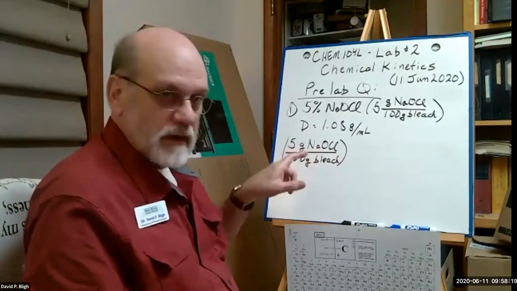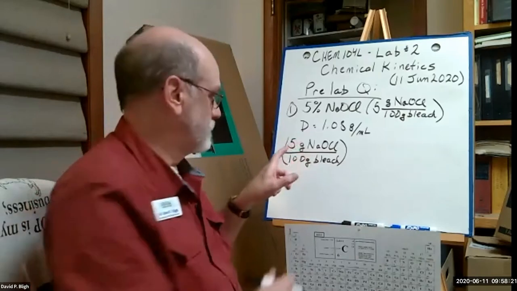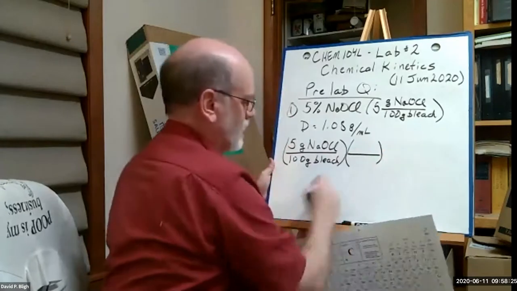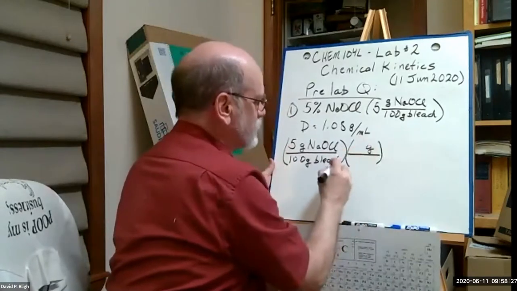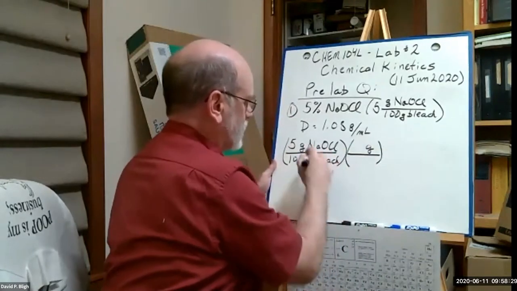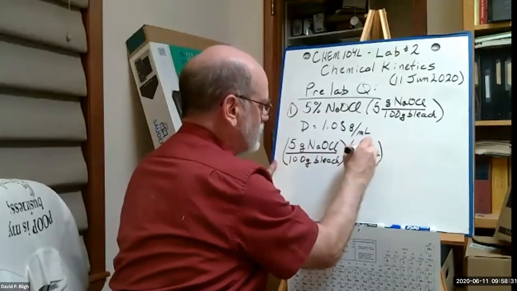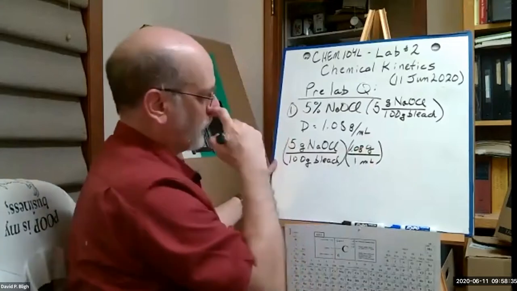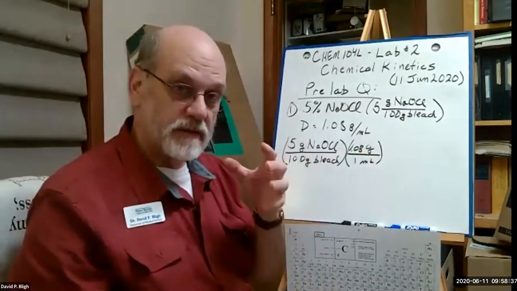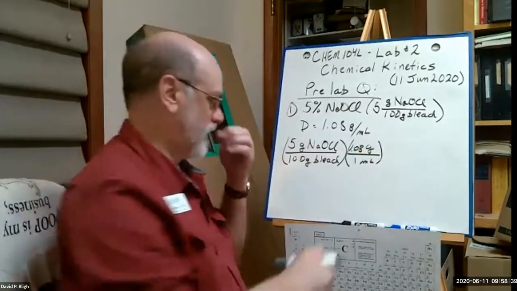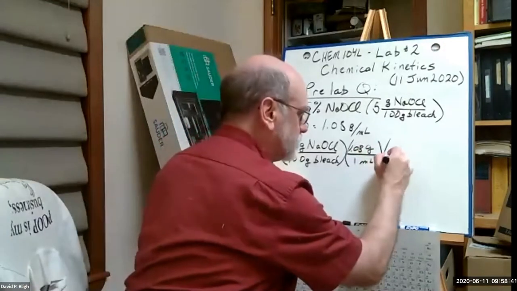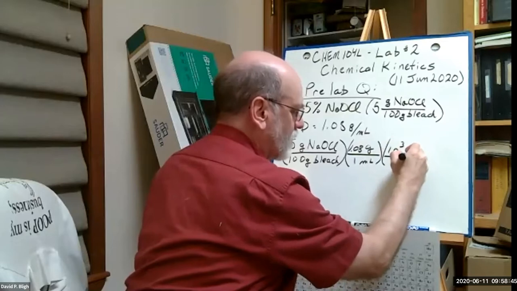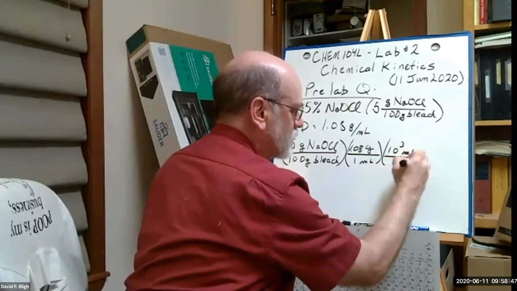Okay, so what we want to do first is to convert this into volume. So if we have grams of bleach, right, 1.08 grams, that's 1 milliliter. But molarity needs liters, right? So we need to convert that to liters. Right, 1,000 milliliters is 1 liter.